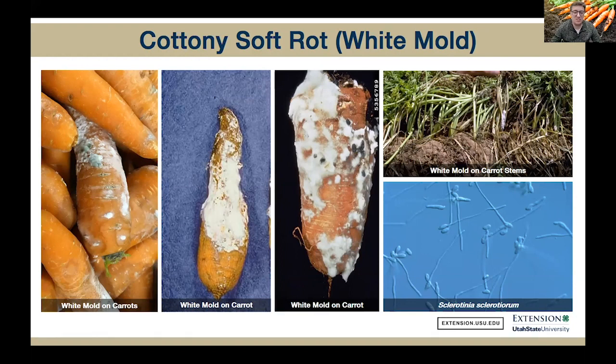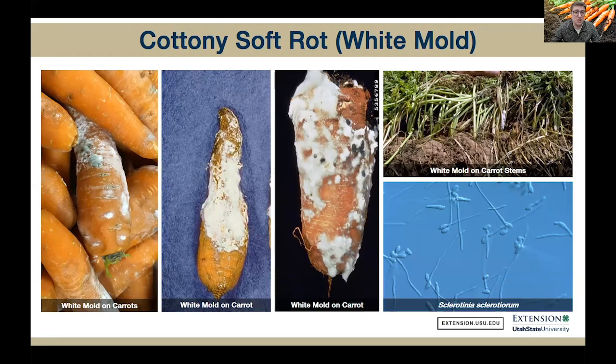Sclerotinia causes infection during any growth stage of the carrot, and there'll be extensive root decay that'll lead to wilt and collapse of the above ground portions of the plant. And you can see that in that top right photo I have. And then the cottony white mycelium, which is the visible part of the fungus, will appear on the infected plant tissue.